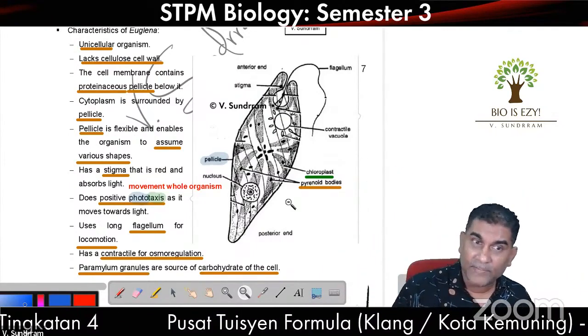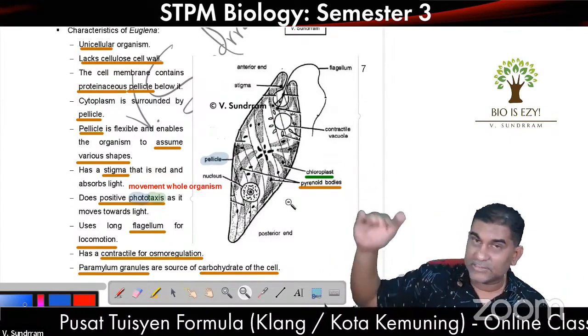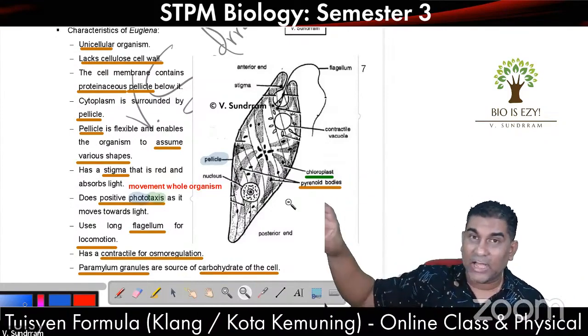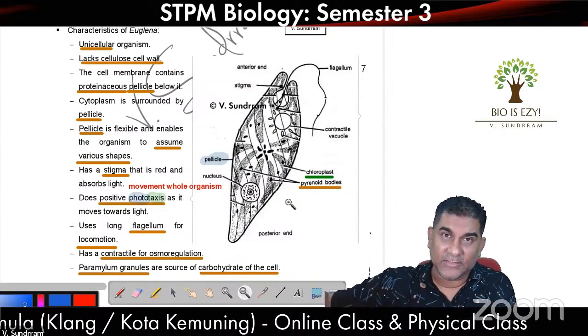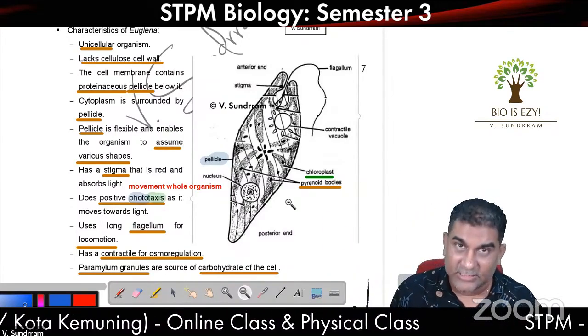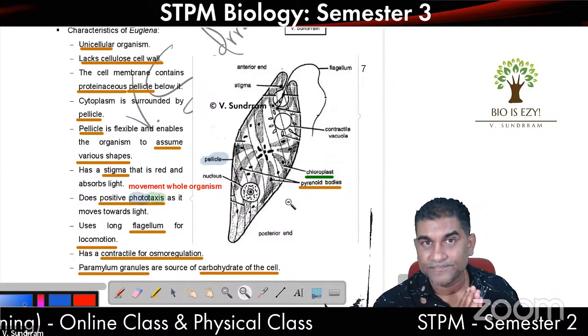As I mentioned, we'll finish all the kingdoms. After that, we'll make a summary table. In the summary table, you can see how the simple organism slowly becomes more advanced. As they become more advanced, they have better organization. Protoctista done.